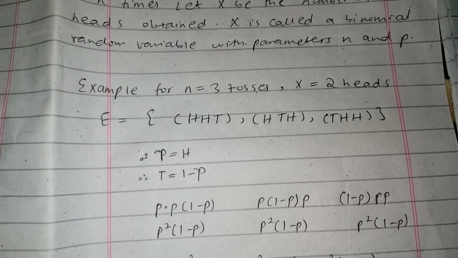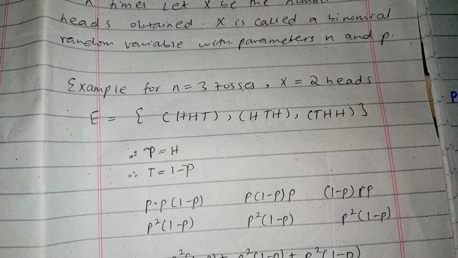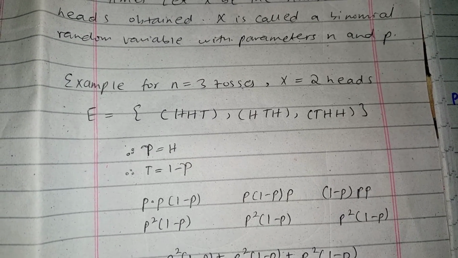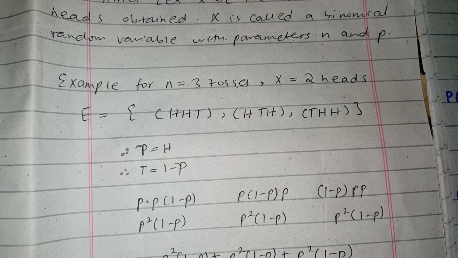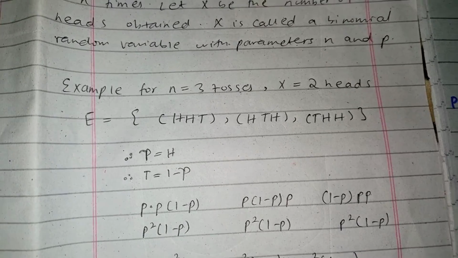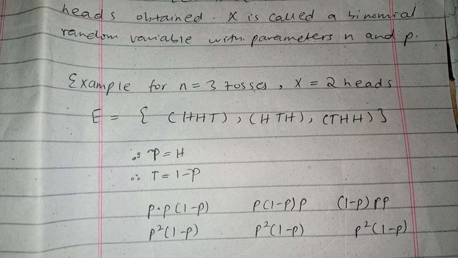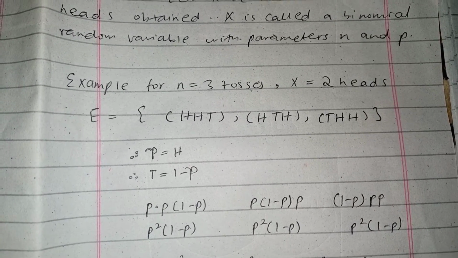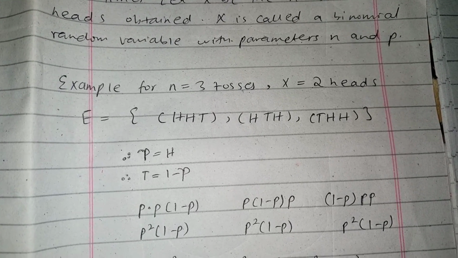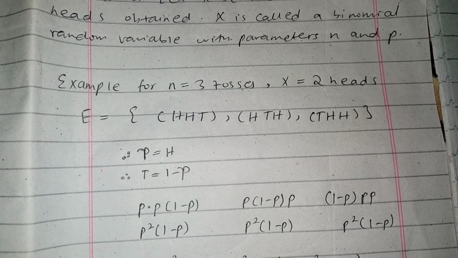Say there are three tosses, like three coins, and we flip them three times. The number of outcomes will be 8, because the outcomes are 2 raised to the power of the number of times.